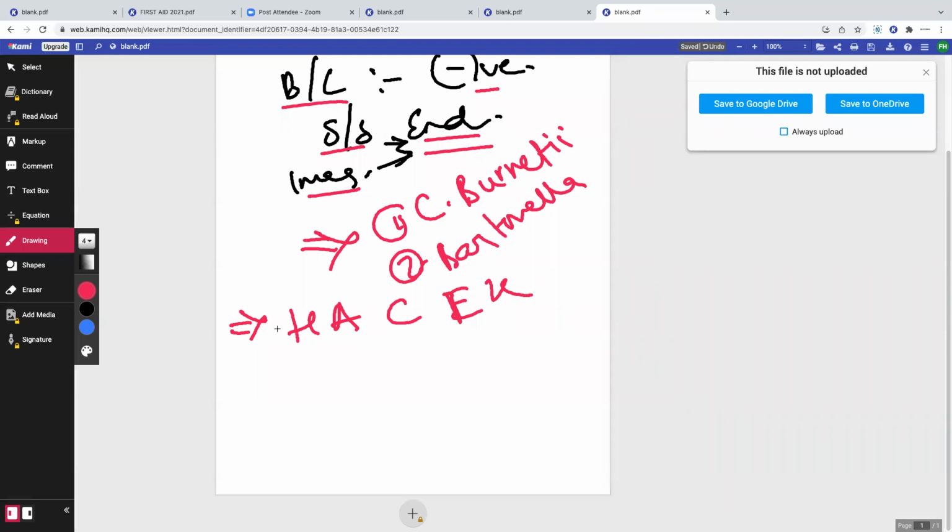Just as that's the case, we have HACEK organisms that have a tendency of accumulating in the valvular endocardium. HACEK stands for H for Haemophilus, A for Actinobacillus, or nowadays we call this Aggregatibacter, C for Cardiobacterium, E for Eikenella, and K for Kingella.